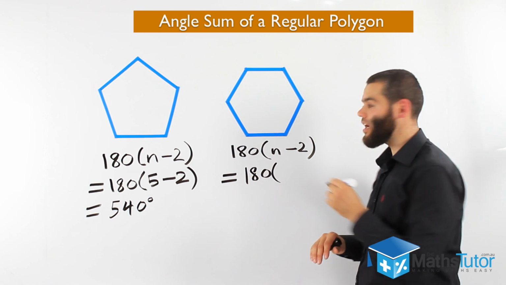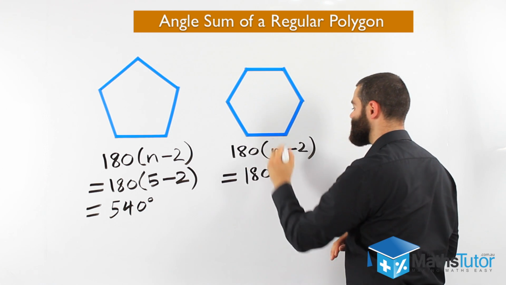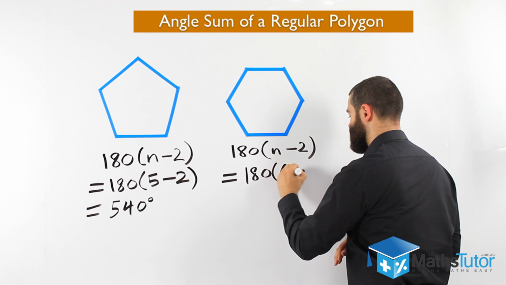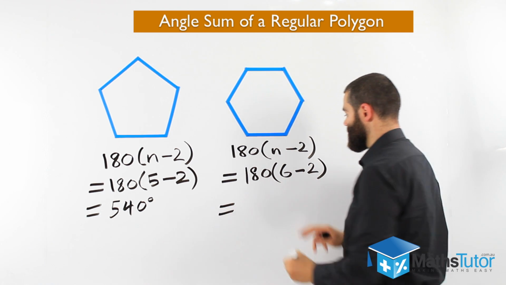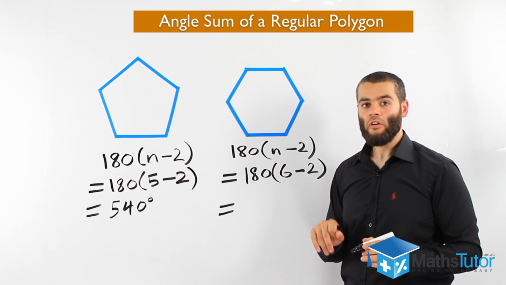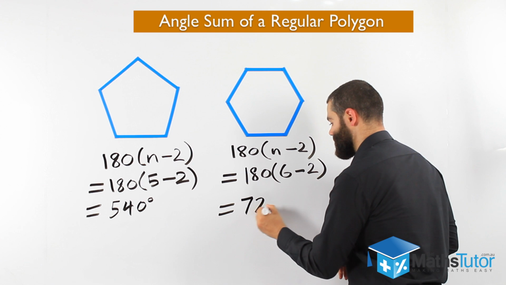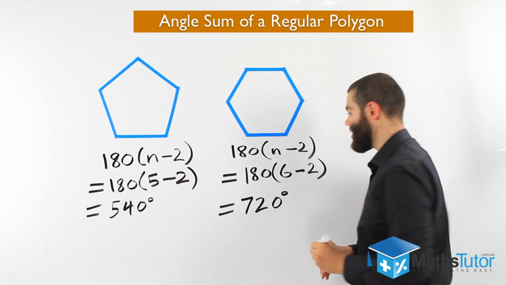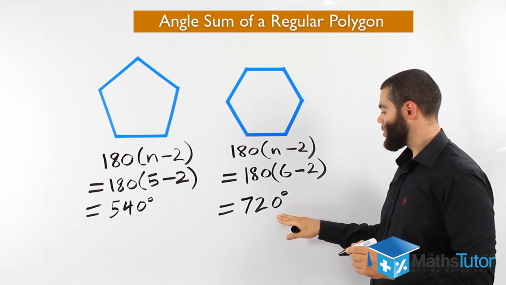N is the number of sides. 1, 2, 3, 4, 5, 6. Take away 2. 6 take away 2 is 4. 4 times 180, 720 degrees. So the angle sum of a hexagon is 720 degrees.